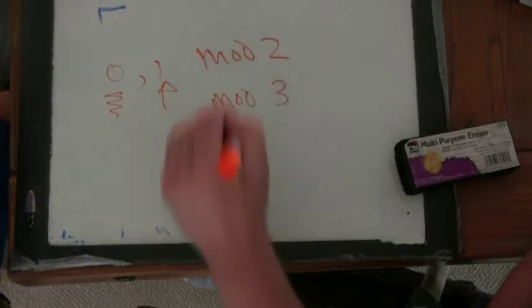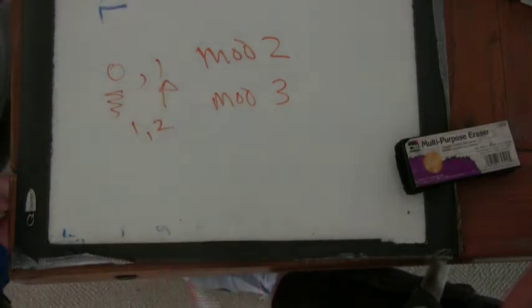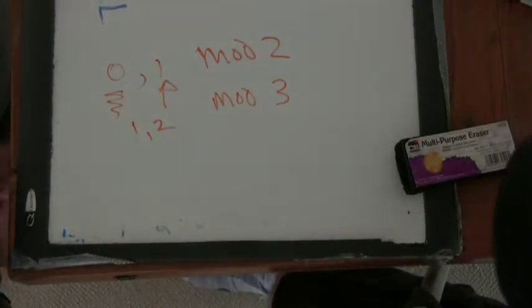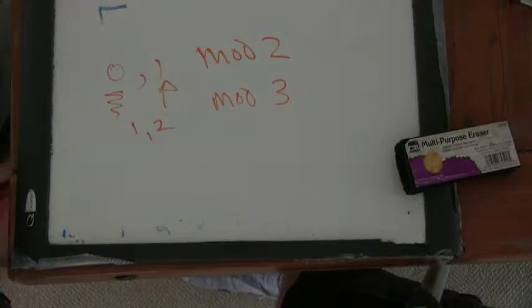What about mod 3? What numbers do we have? 1 and 2. Just ignore the 0. Is 1 a square? Yes, 1 is a square. Is 2 a square? I don't think 2 is a square. How did you decide it wasn't a square?